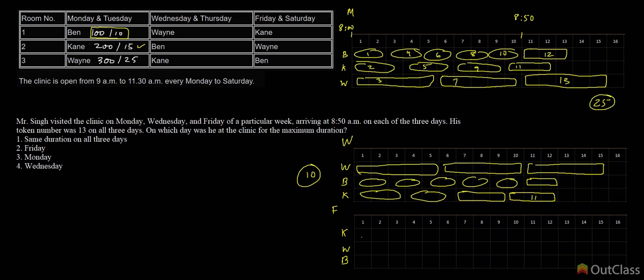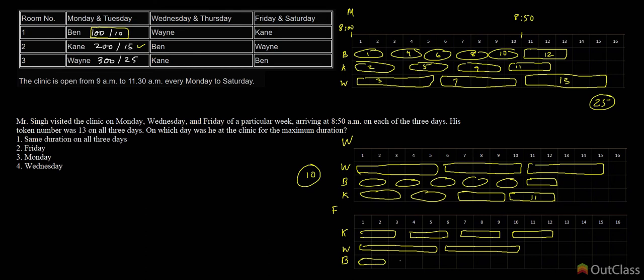We can check the last case again. K would take 15, so 1, 2, 3, and has started his fourth person. W will do 1, 2. B will do 1, 2, 3, 4, 5.